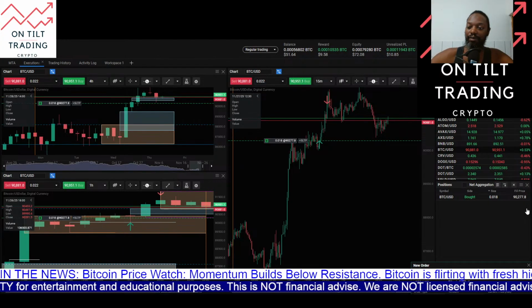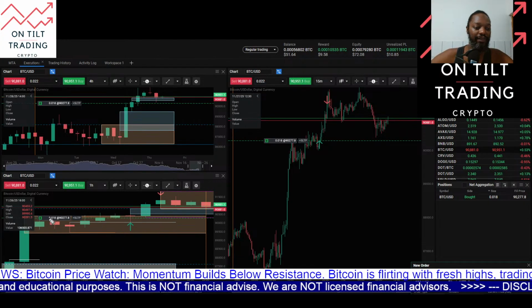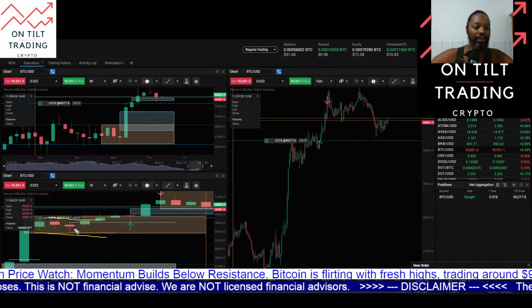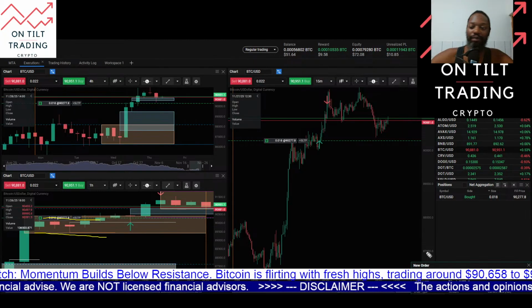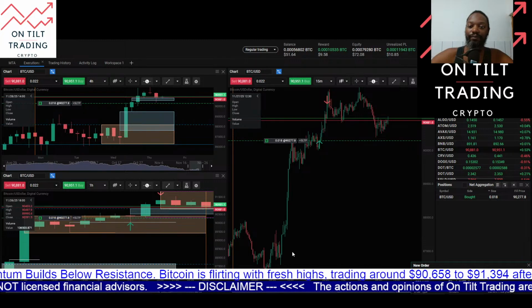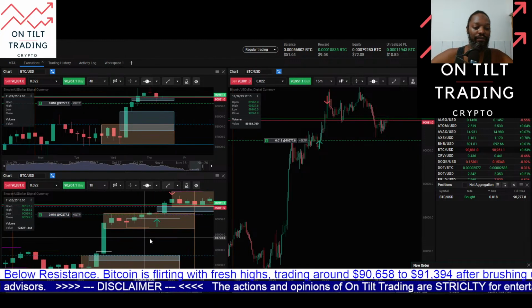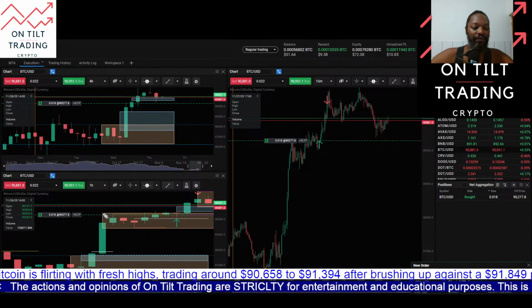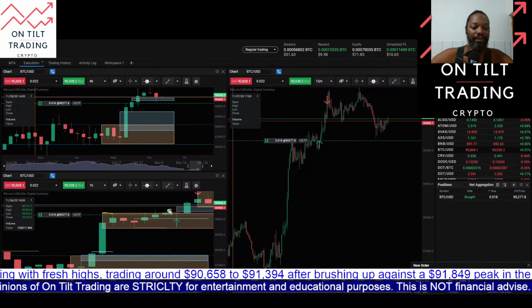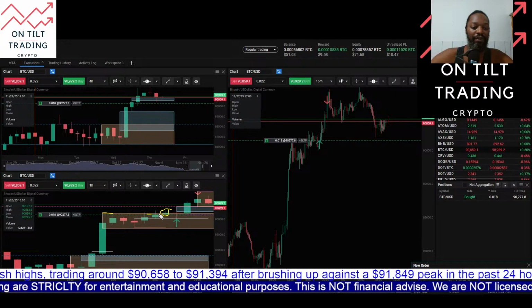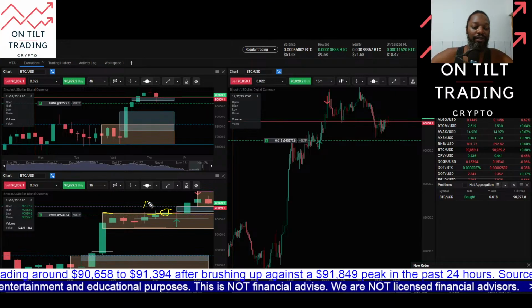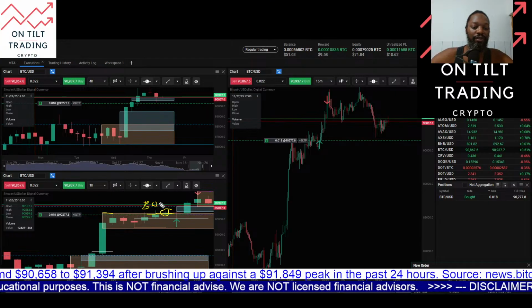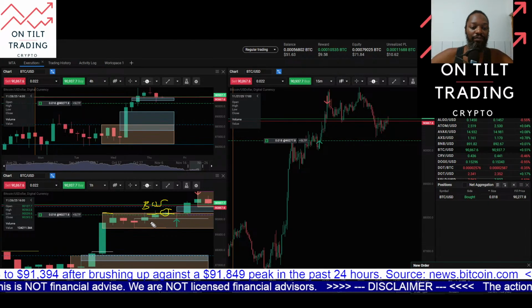So you can see price, after delivering to the buy side, consolidates in this area, puts in a break of structure here. So this level here, the high of this candle here closes above that level, which causes a break of structure, which would be a continuation pattern.